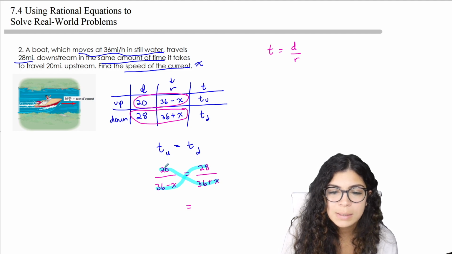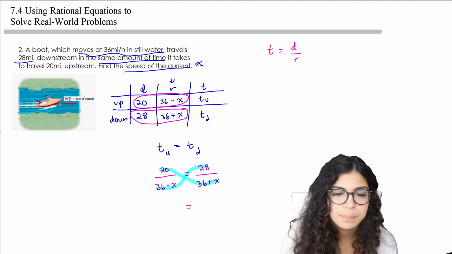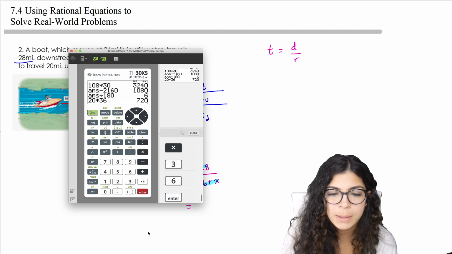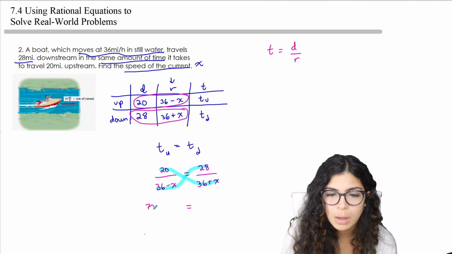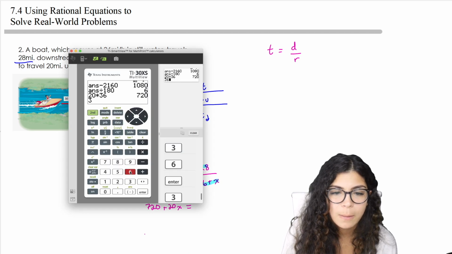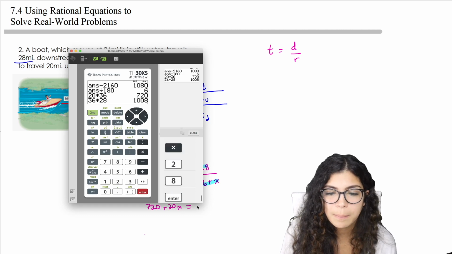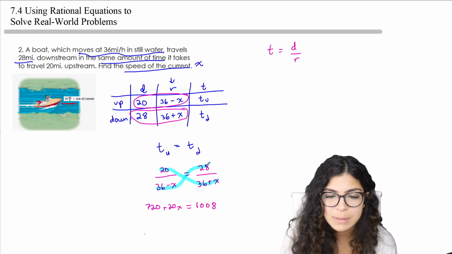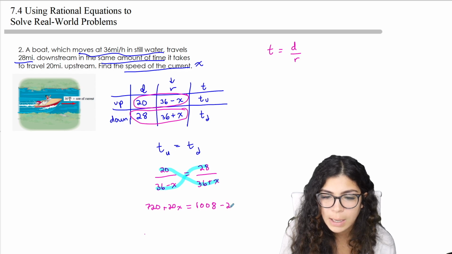So 20 times 36 is 720. 20 times x would be 20x. 36 times 28 is 1008. And 28 times negative x is negative 28x.